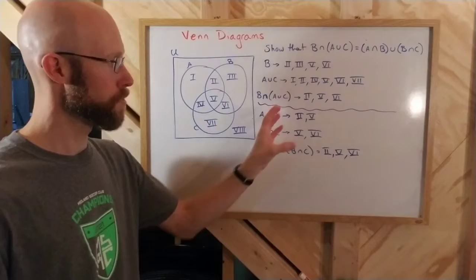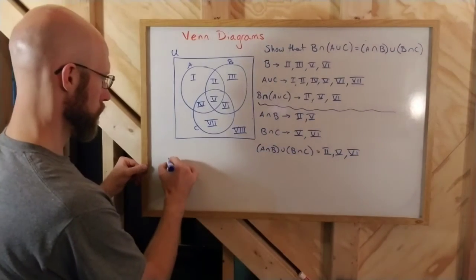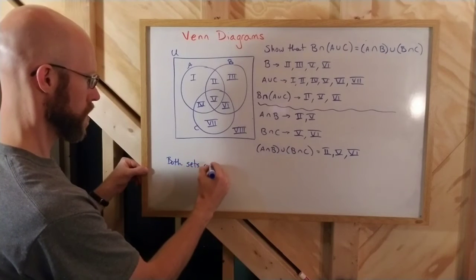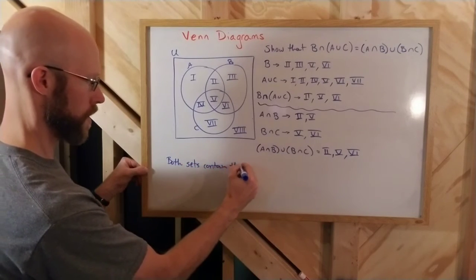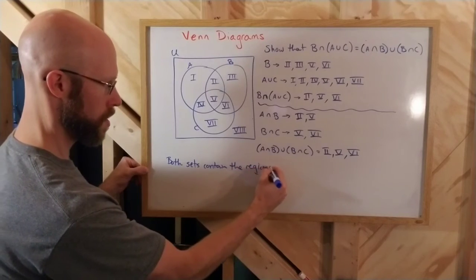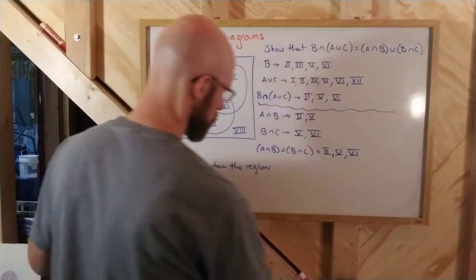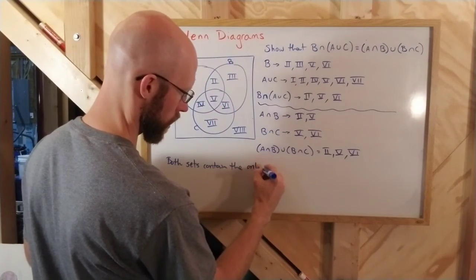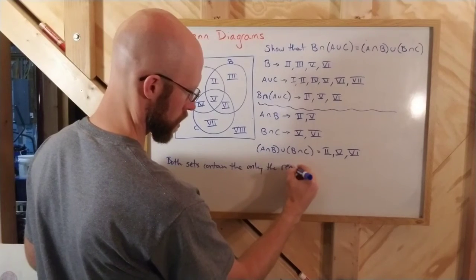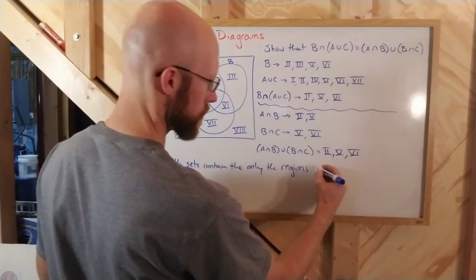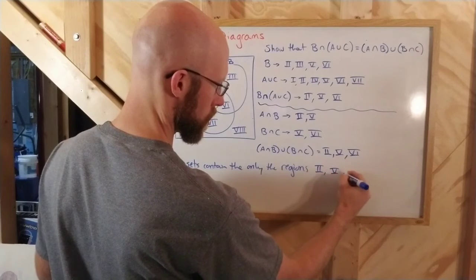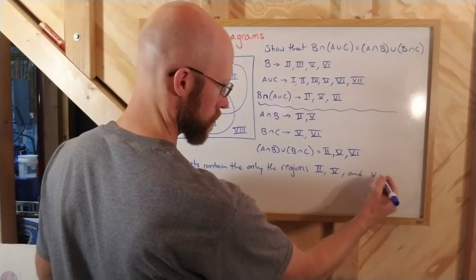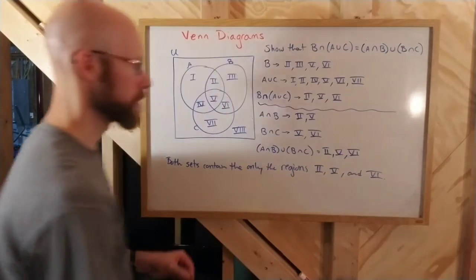So that's proof enough. We could just say that both sets contain only the regions, should specify that, 2, 5, and 6. Okay.